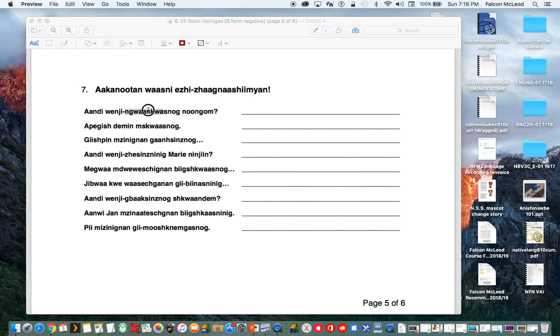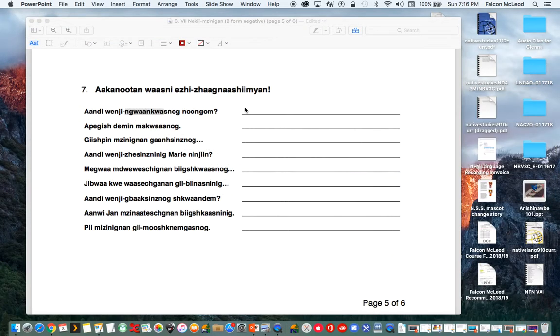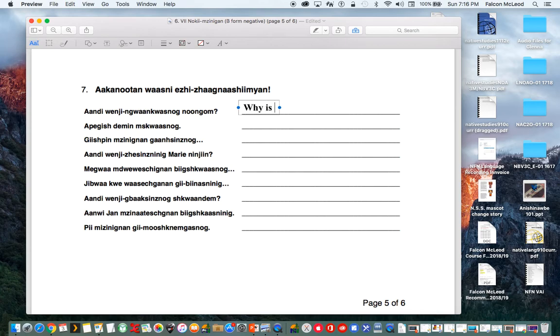Okay. So we have ondowenje. You can look that up here. So ondowenje means why. Okay. So we have why is today. That's what nongum is, today.